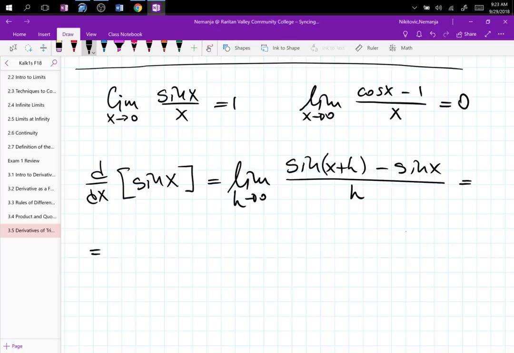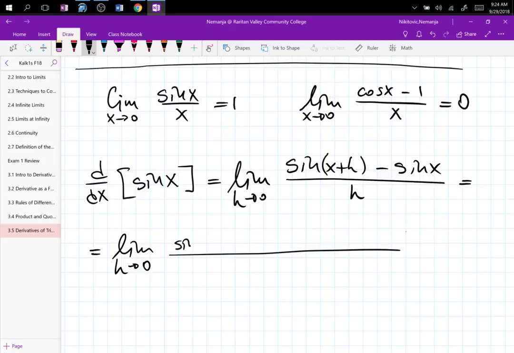Now here's where we're going to use the formula that I did not have on the list up there, and that is the sum of two angles in a sine. That formula is not on the list up there, but as I said, it's not used in our calculations in Calc 1, so that's why I didn't put it there.